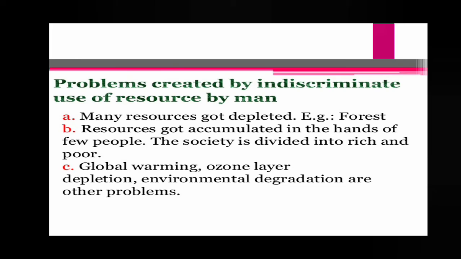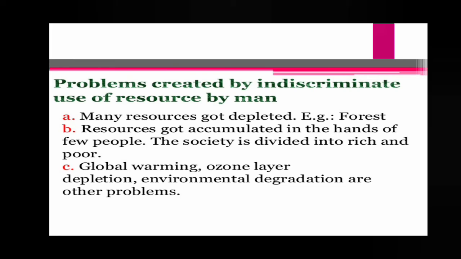Those who are poor, those who don't have that type of money power, purchase capacity, cannot buy the resources, that's why they are called poor. That means due to the greedy nature of some people, the society is divided into rich and poor. Those who have are called rich, and those who don't have are called poor, due to our greedy nature.